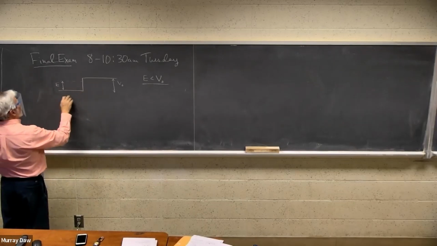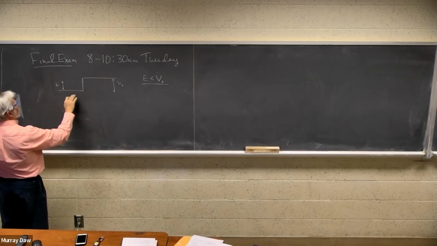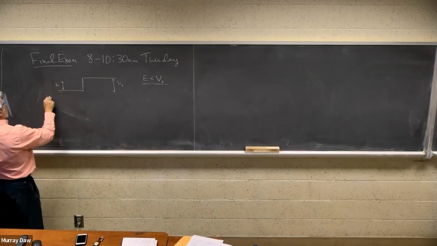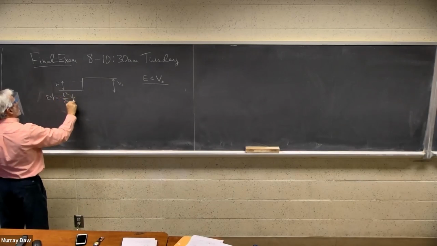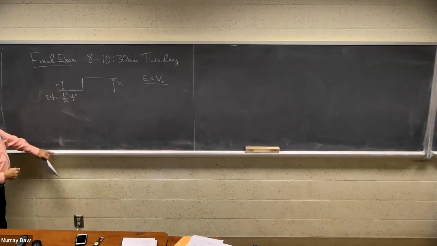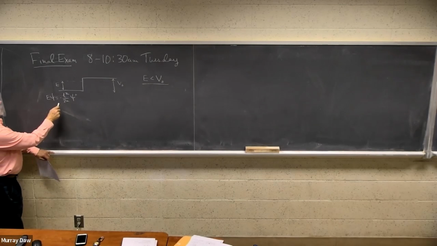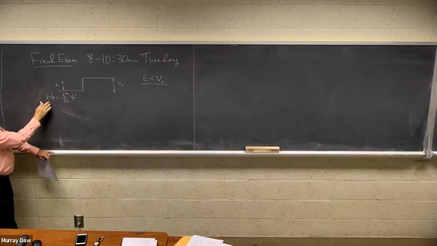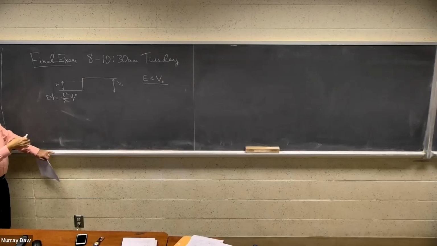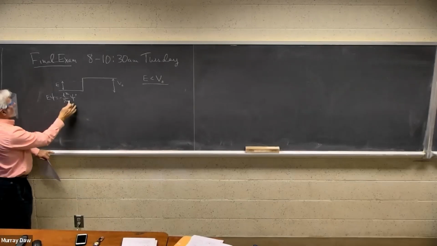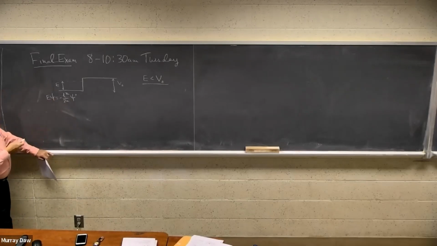Writing down the time independent Schrodinger equation on this side, it looks like this. You get complex exponentials because you have a negative constant here and the energy is positive. In each of the oscillatory functions, the trig functions, when you take the second derivative, you get a negative.